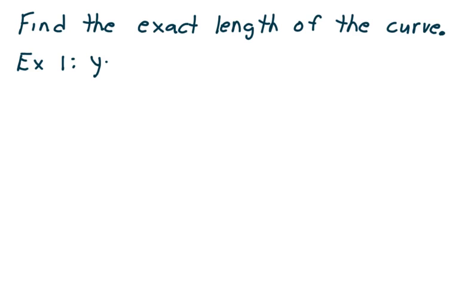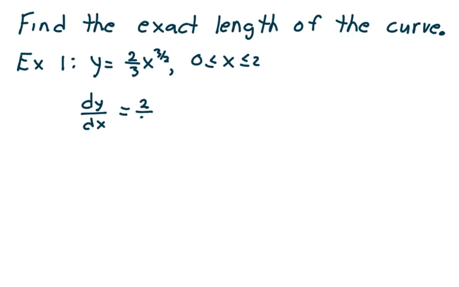Suppose I had y equals 2/3 x to the 3/2, and x is less than or equal to 2 and greater than or equal to 0. Now, dy dx is 2/3 times 3/2 x to the 3/2 minus 1, which is 1/2. And so this is x to the 1/2.